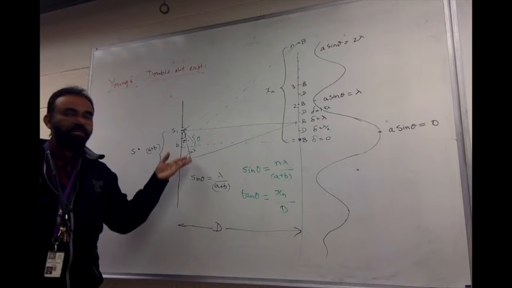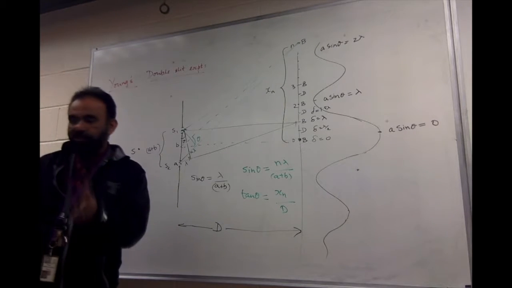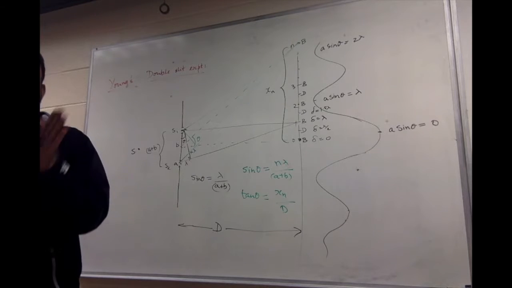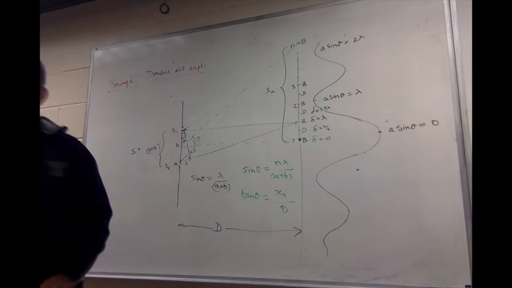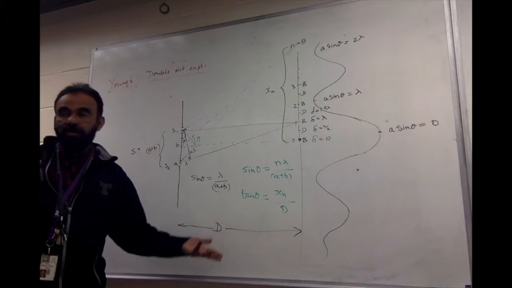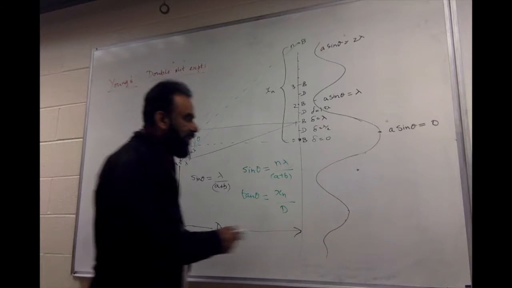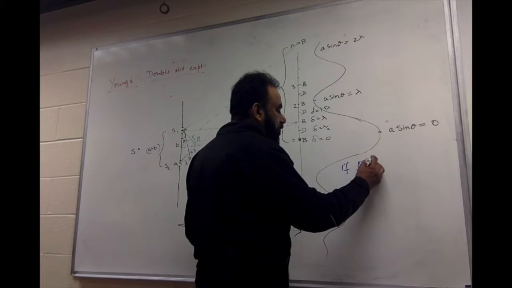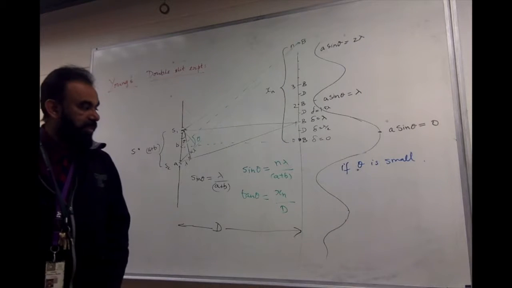The angles that you're talking about are not so big. They're all small angles. You saw that when I was projecting something on the screen. It's not like big angles. So since you're talking about smaller angles, these two are equal. So if theta is small, sine theta is approximately equal to tan theta.